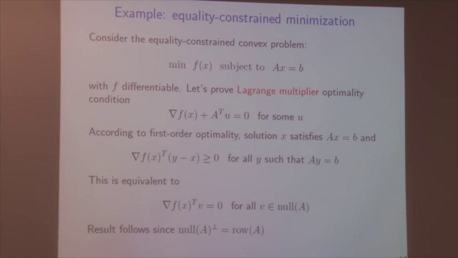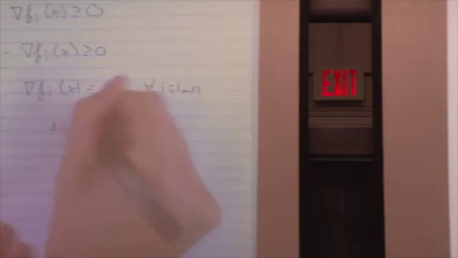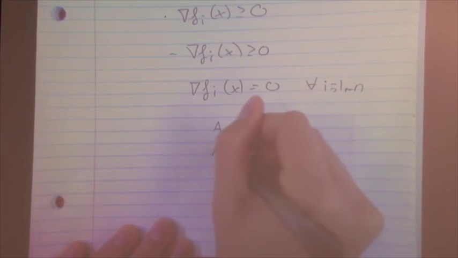Okay. So we can actually go from our original optimality condition and look at it through the lens of this explicit equality constraint. So we know that the gradient of f at x, dotted with y minus x, is going to be greater than or equal to 0 for all y that satisfy Ay equal to b. We also know that Ax equals b is satisfied. So to do this proof, and show that this is equivalent to that term with the v in it, I've got Ay equal to b, Ax equal to b.